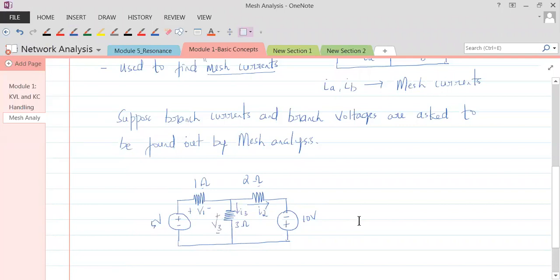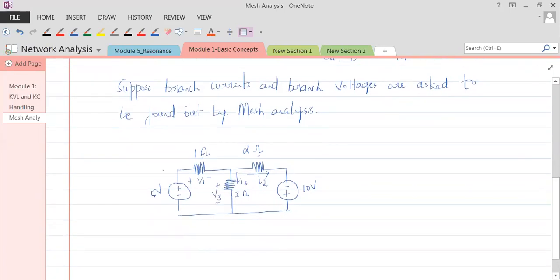So what they would ask is, everybody just observe here in this problem, in this example, they'll say find I2, I3, V1, V3 by mesh analysis.